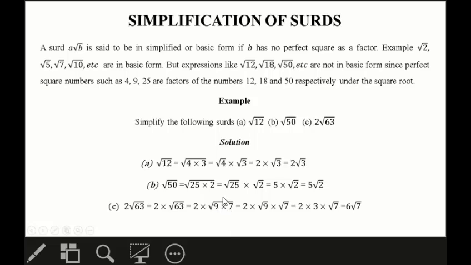And since 9 is a perfect square, we can split it into 2 times the root of 9 times the root of 7. So the root of 9 will give us 3. Then we have 2 times 3 times the root of 7, and 2 times 3 will give us 6. Times the root 7 will give us 6 root 7. Good.